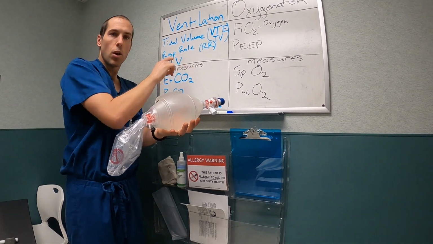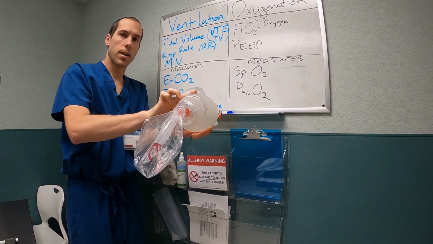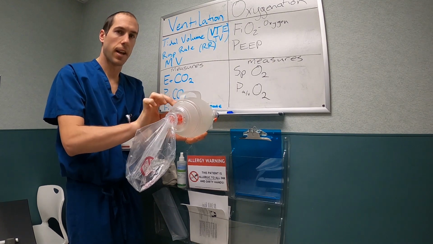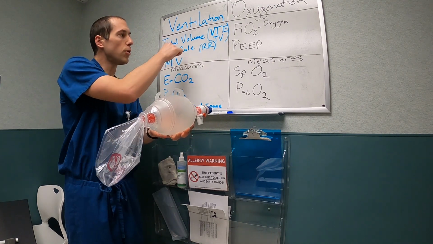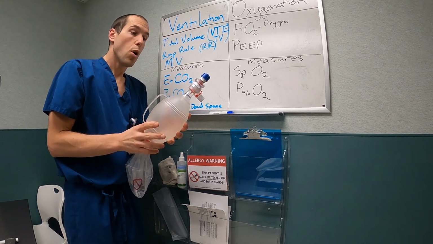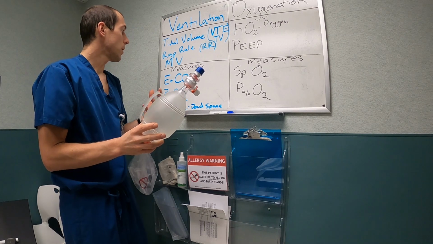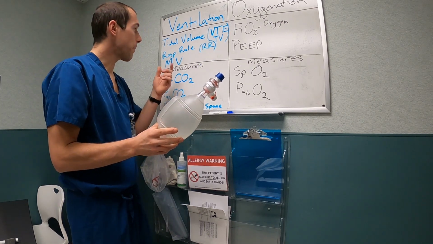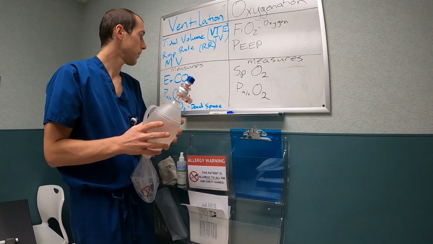In addition, we also have respiratory rate, how fast we squeeze the vent. Those two combined will make up our minute ventilation, which is how much flow of air is getting to that patient in 1 minute.